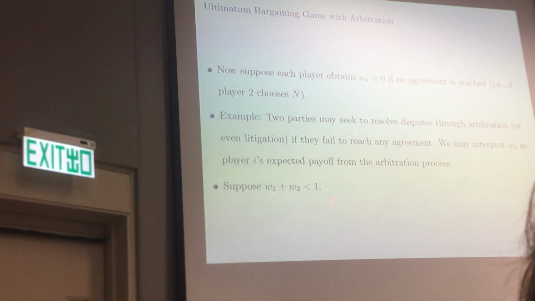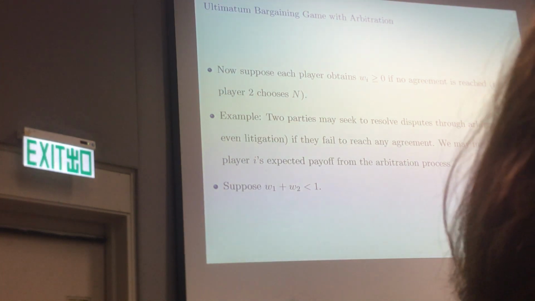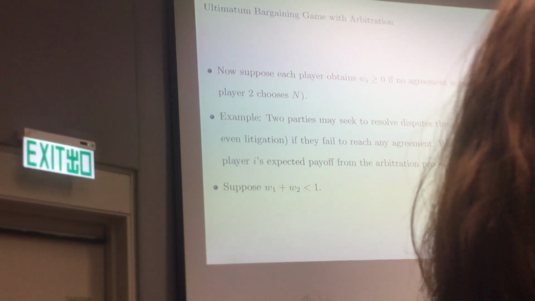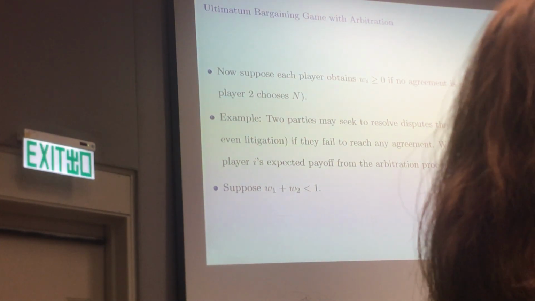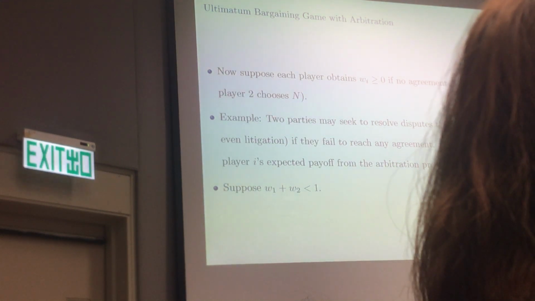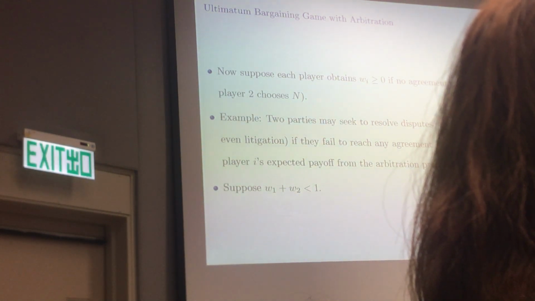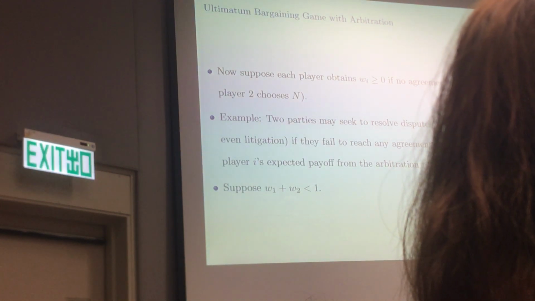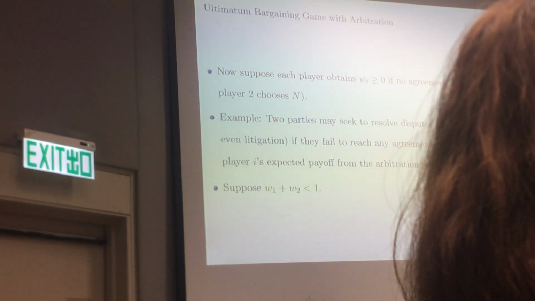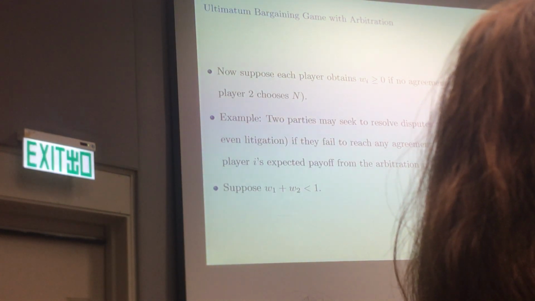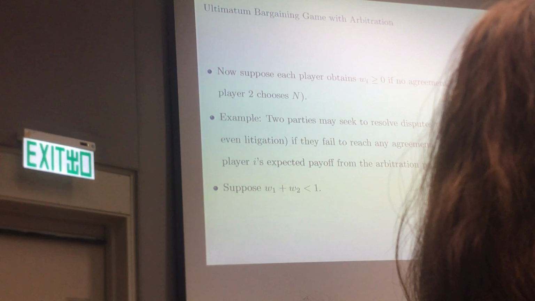So naturally, we can assume that W1 and W2 are each less than 1. Why? Remember that there is a pie of size 1 that they have to divide, right? At the end of the day, after the arbitration process, they will anyway have to divide it, which means that the sum of W1 and W2 is never larger than 1, right?